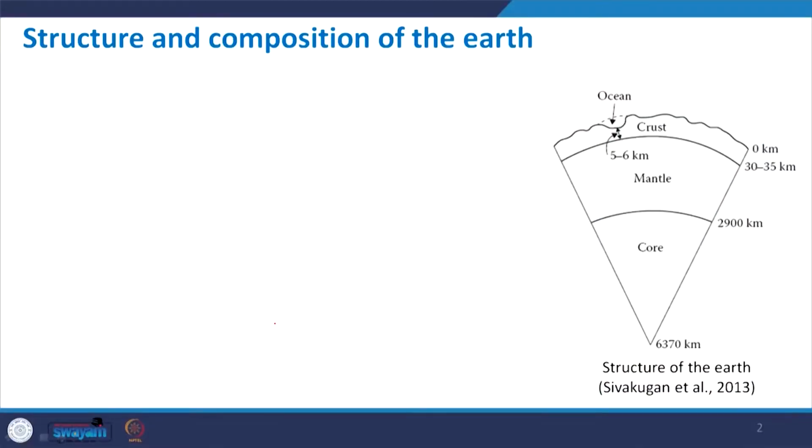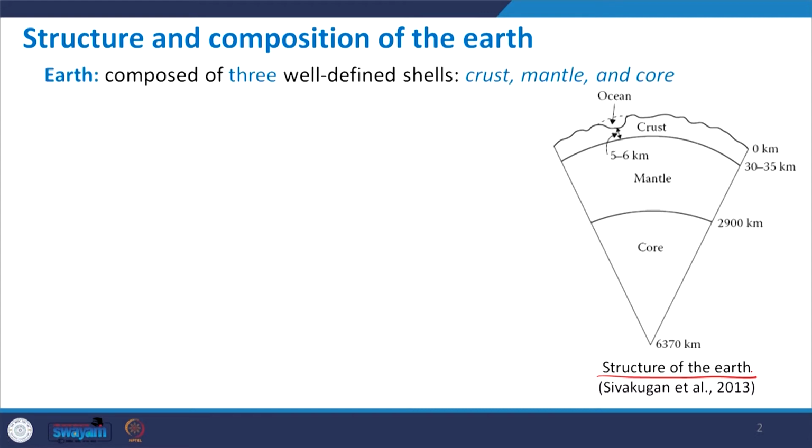So here in this figure, a section has been shown depicting the structure of the earth. Now as you can see, the earth is composed of crust, mantle and core.